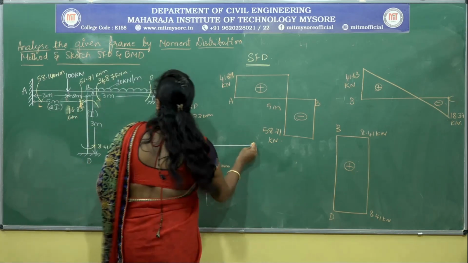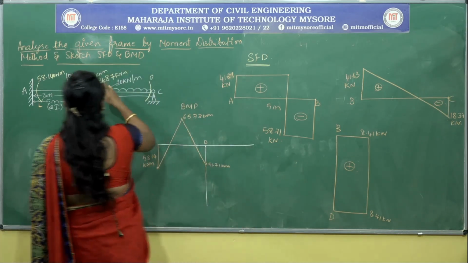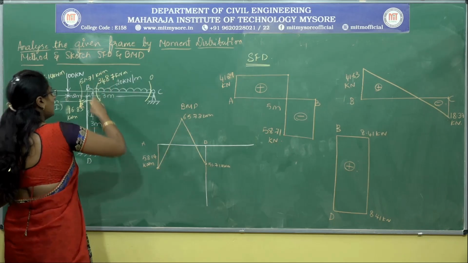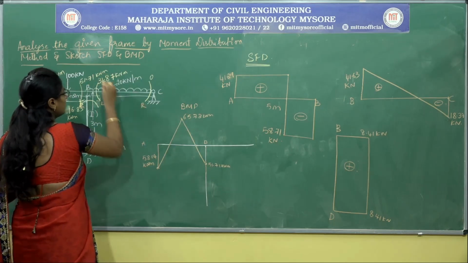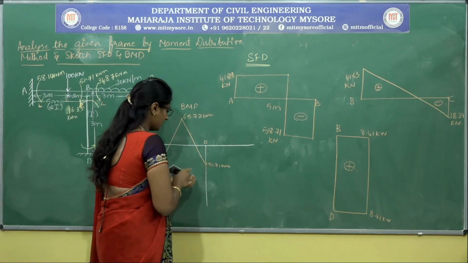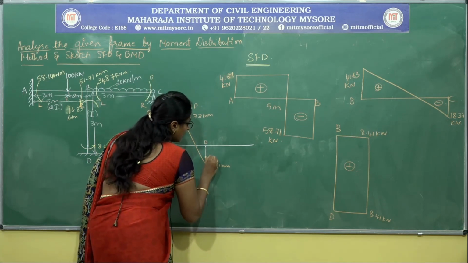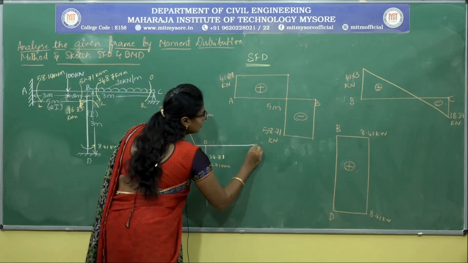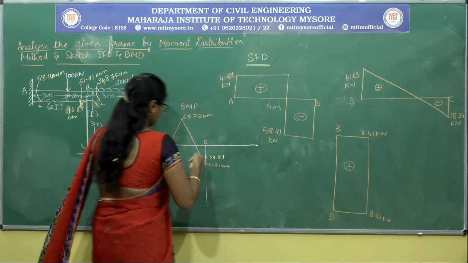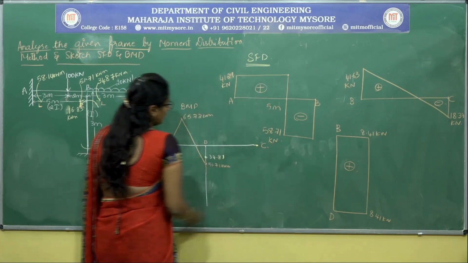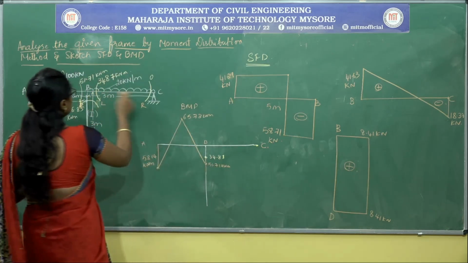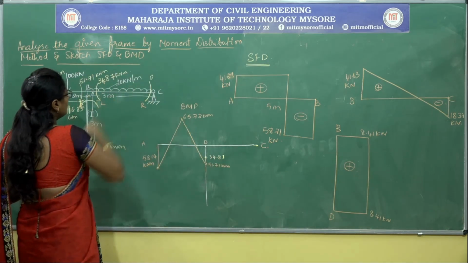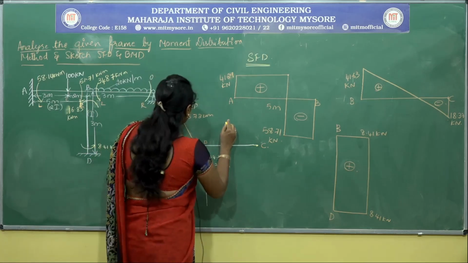So now between B and C, the moment is 34.87 in the anti-clockwise. This is towards the left, therefore it is negative. So it is 34.87, and here the moment is 0. But in between this, we have a maximum bending moment at point F, 8.45.